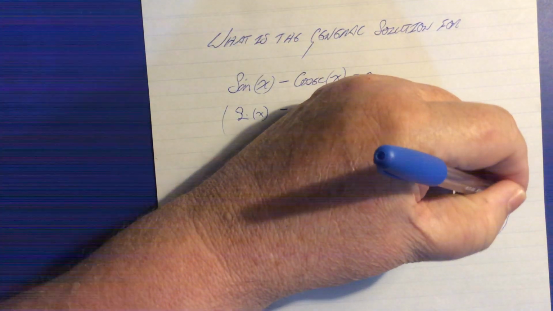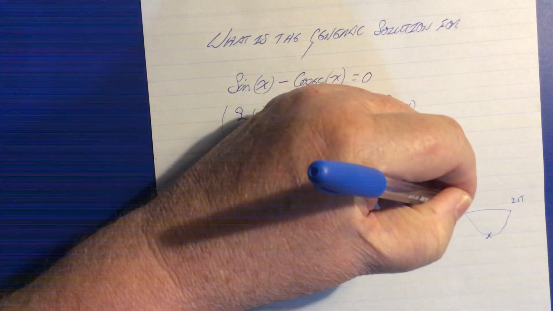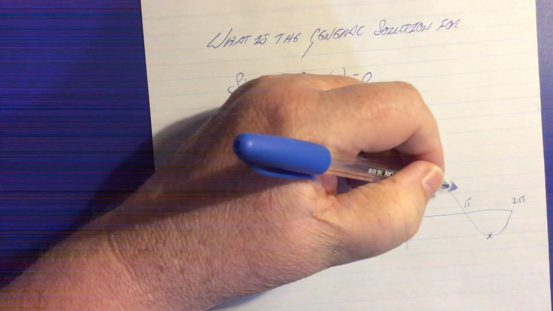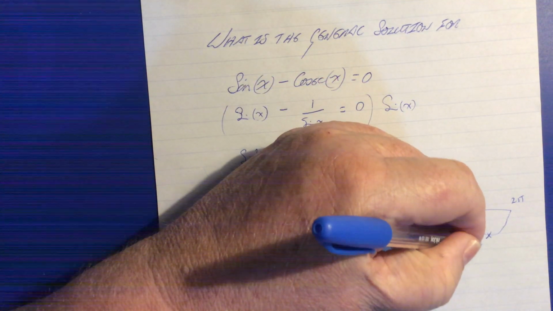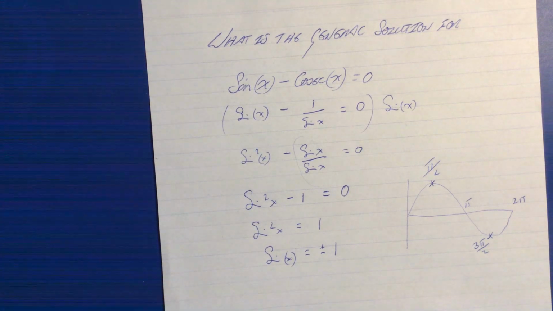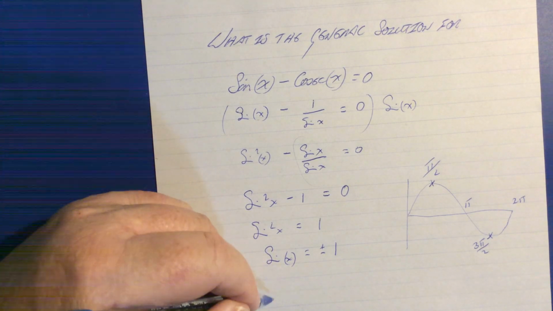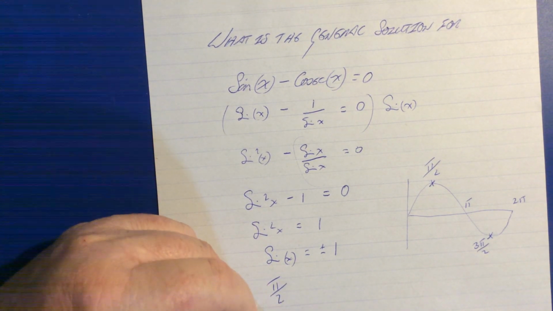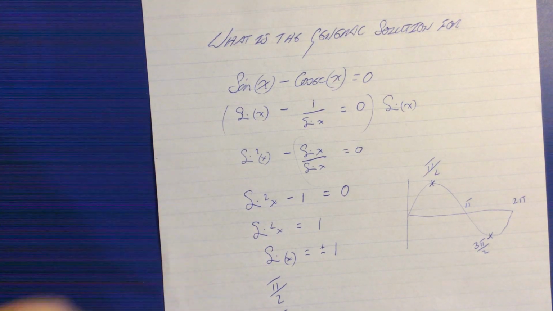Well, this is 2 pi, this is pi, this therefore by symmetry is pi on 2, and this is 3 pi on 2. And so we are in business. We've got our starting points. So they are as follows: pi on 2 and 3 pi on 2.